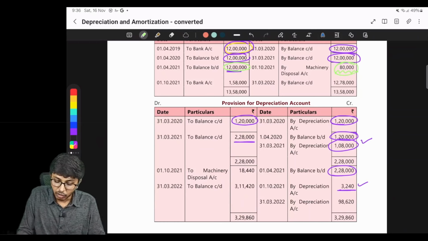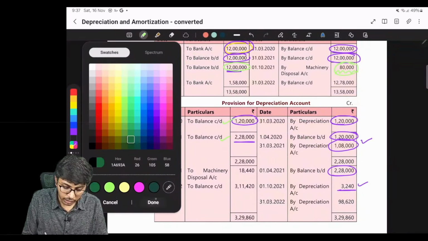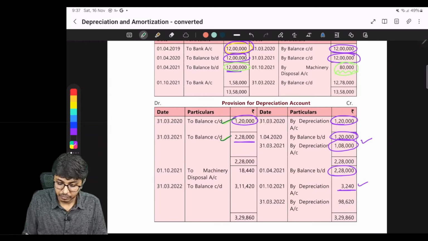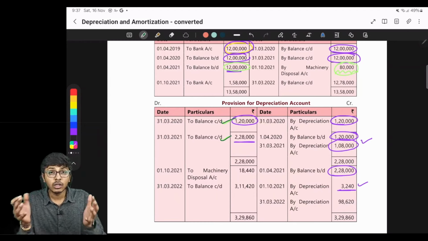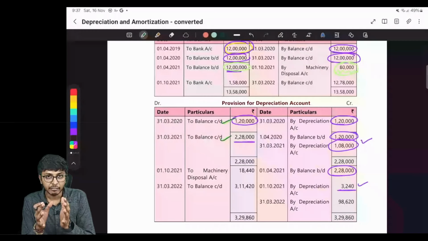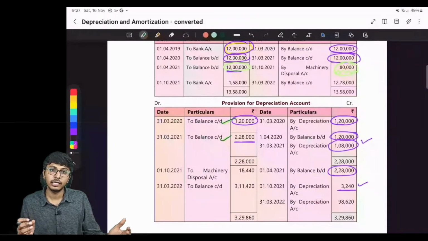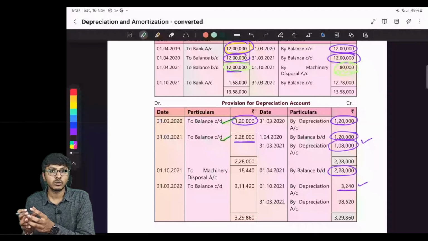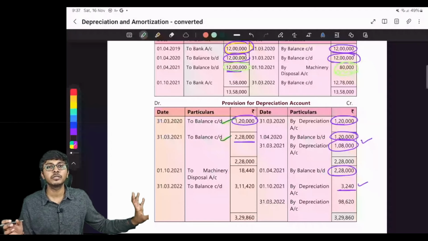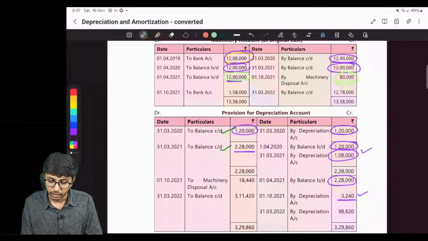In this provision for depreciation account, I have the total balances of all the assets, but I have to identify the depreciation balance of that particular asset which we are selling, remove it from the total depreciation balance and send it to disposal account. How do we find it? What is the depreciation?